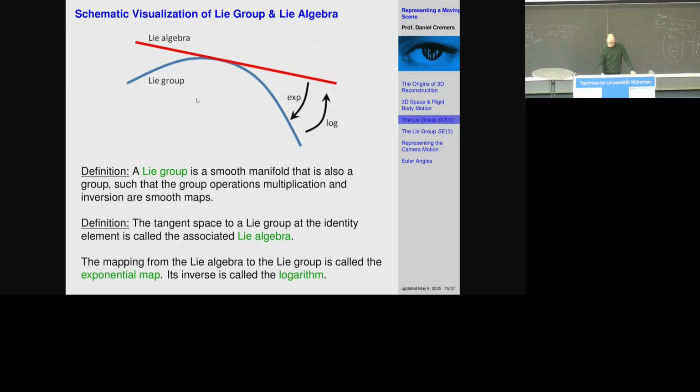And it's called the associated Lie algebra. And then we have mappings, the exponential map that allows us to go from a skew-symmetric matrix W hat.